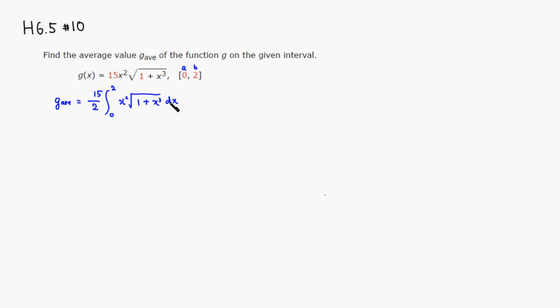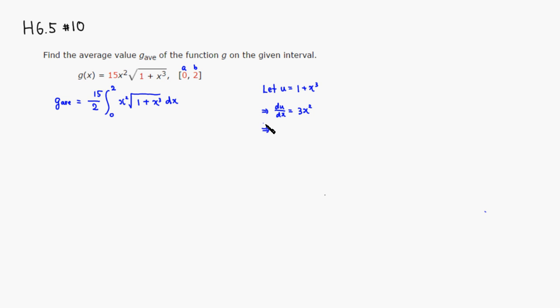Alright, so let's use a substitution here. I'm going to let u be 1 plus x cubed. Then if you take the derivative of that, du over dx is equal to 3x squared.